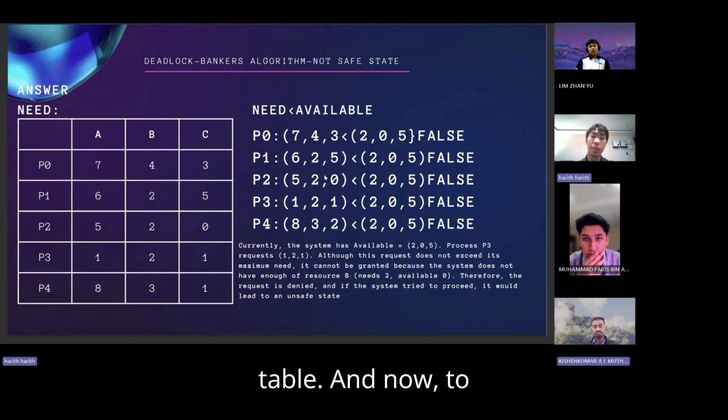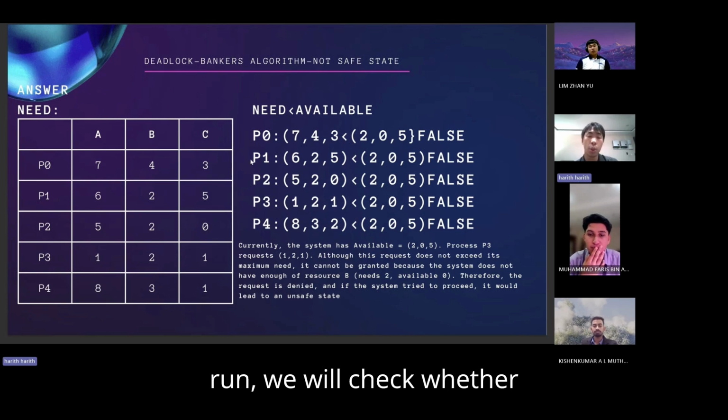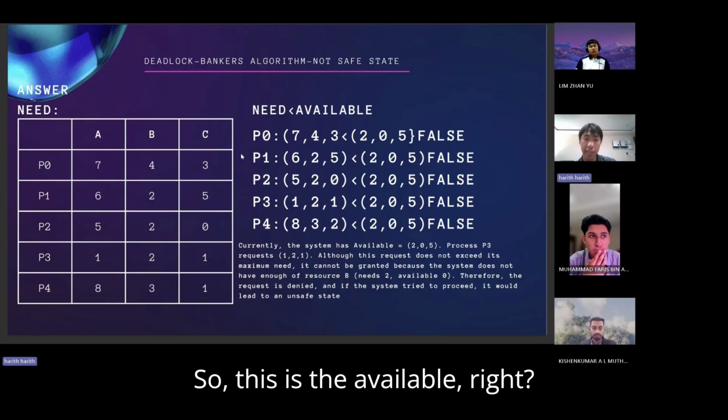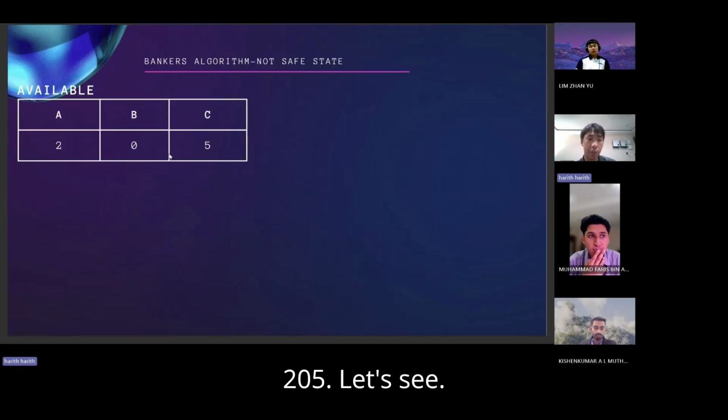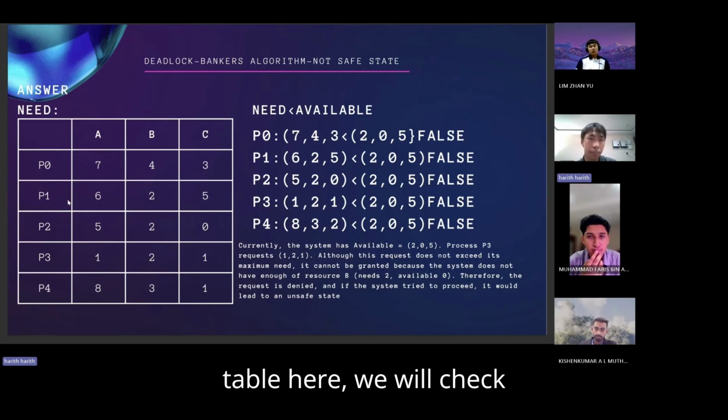And now, to check whether or not the processes can be run, we will check whether or not the need is equal to or lower than available. So this is the available, 2, 0, 5. Let's see. Now P0, 7, 4, 3 on the need table here.